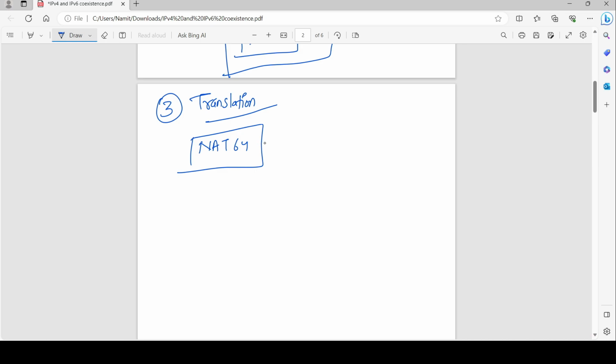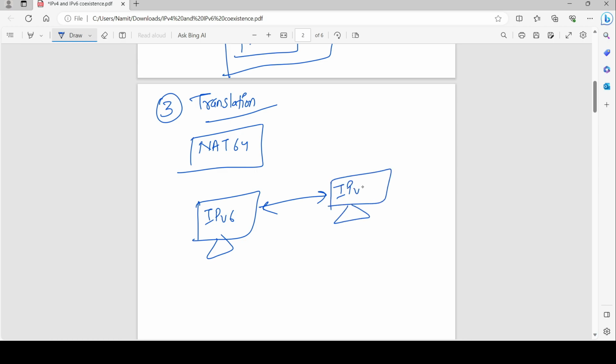It allows IPv6 devices to communicate with IPv4 devices using a translation technique, which is similar to network address translation in IPv4.